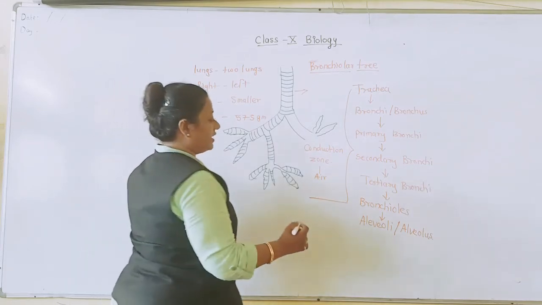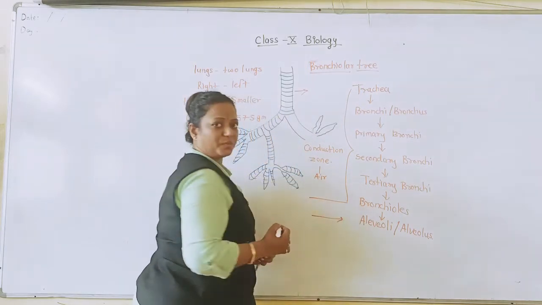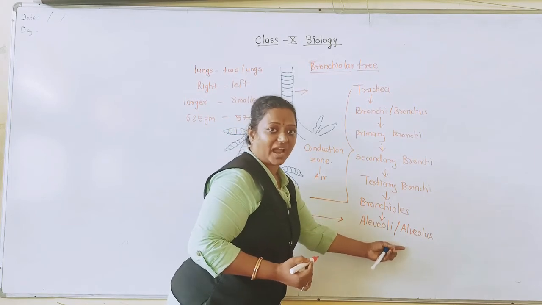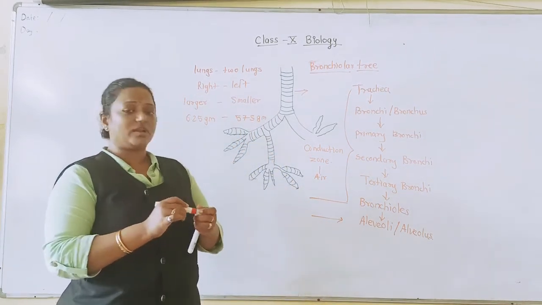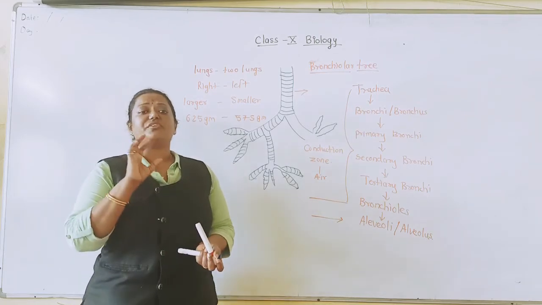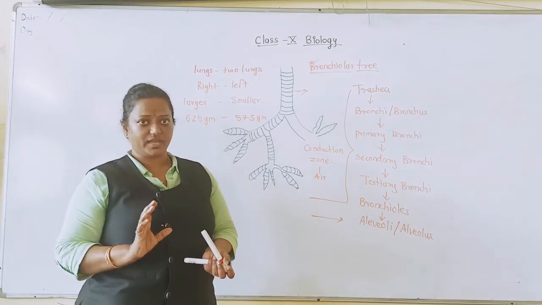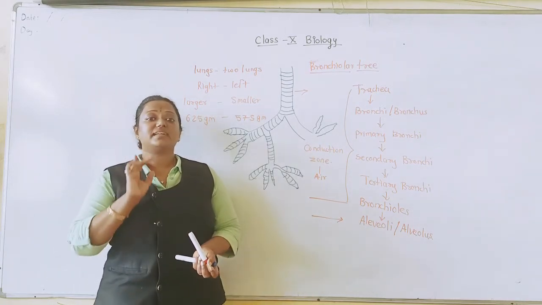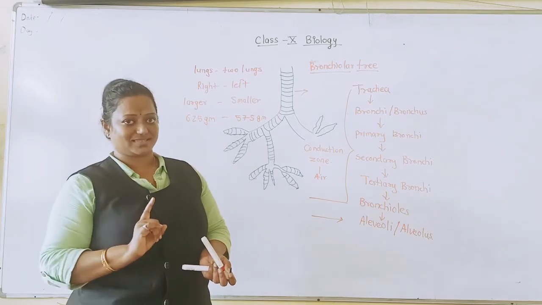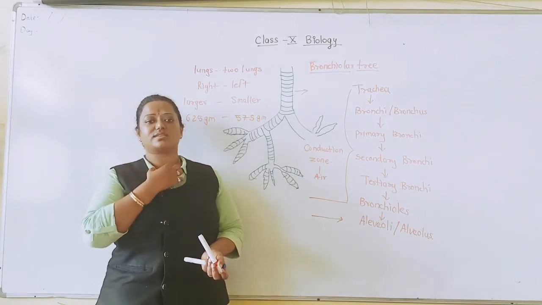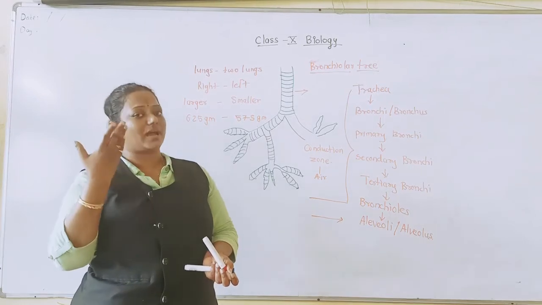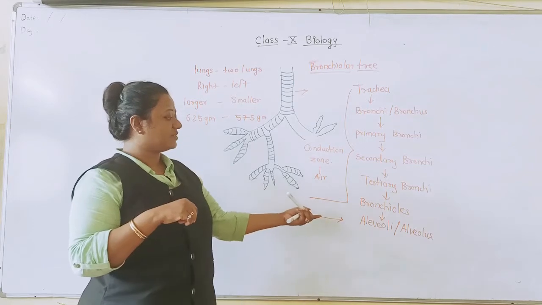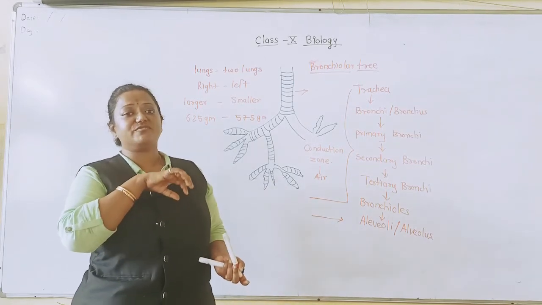Then where does the exchange of gases take place in the lungs? The exchange of gases takes place in the alveoli or alveolus, and the outer surface of the alveoli is rich in blood vessels, designed to exchange the gases. We are taking in oxygen and giving out carbon dioxide. When we take in oxygen, the oxygen is diffused through this alveolus.